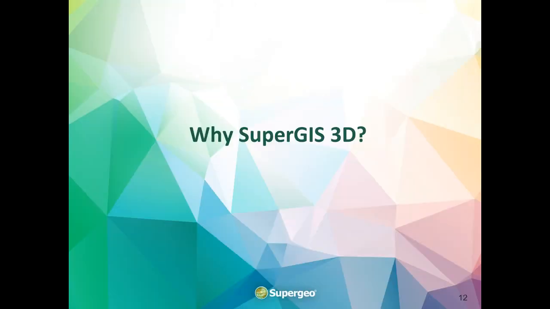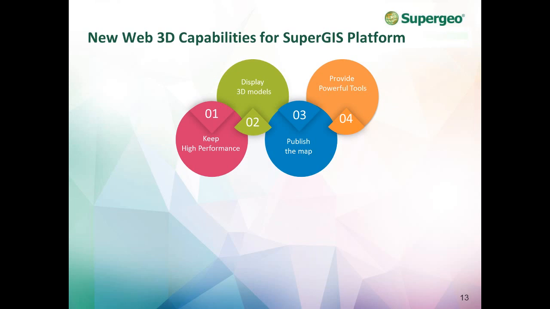Okay, now we understand the challenge of the traditional 2D view, but we can switch to a different platform and use a 3D GIS solution to get more information. SuperGIS 3D tries to give you the best way to build your own 3D platform, with a powerful development tool to help us visualize, manage, and analyze our real world.